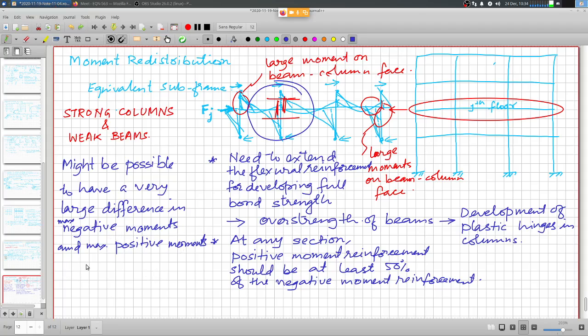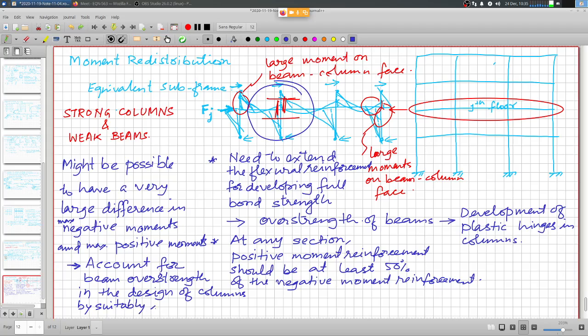The only thing that you need to do is account for beam overstrength in the design of columns by suitably increasing column strengths.